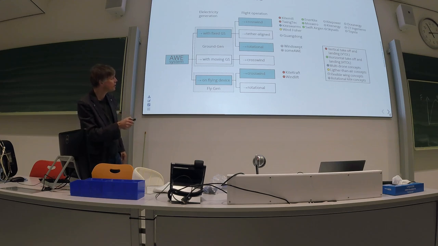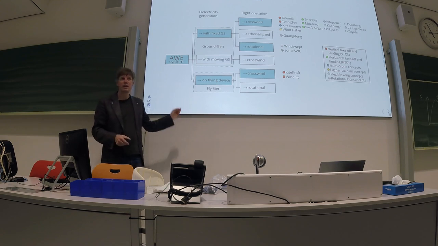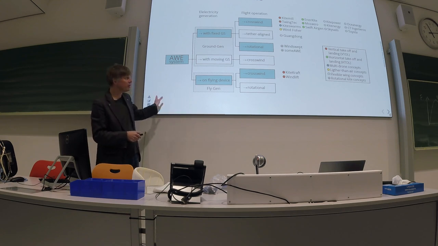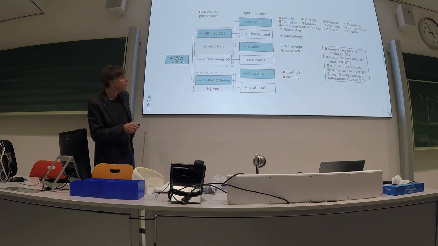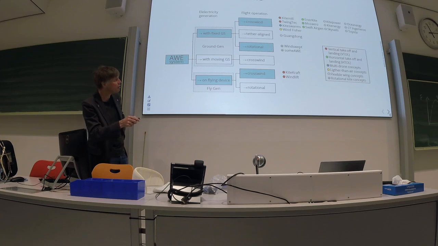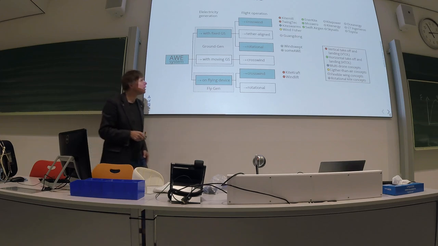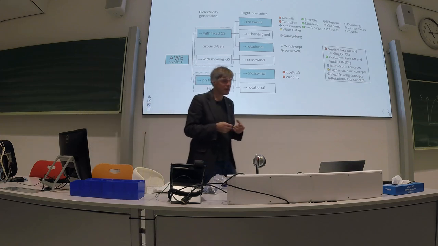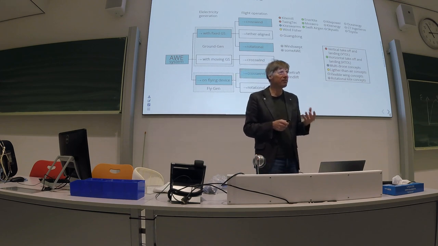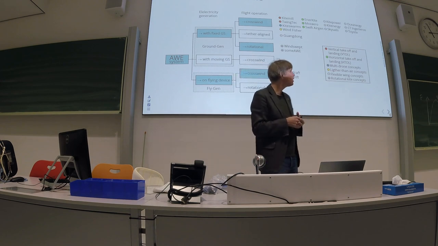So these three concept lines are the ones that I showed in the earlier criterion 1 slide, if you remember. What's also very obvious is that this track here, fixed ground station, flying crosswind, has all these companies, which is a dominant number. So most of the companies actually follow this concept.